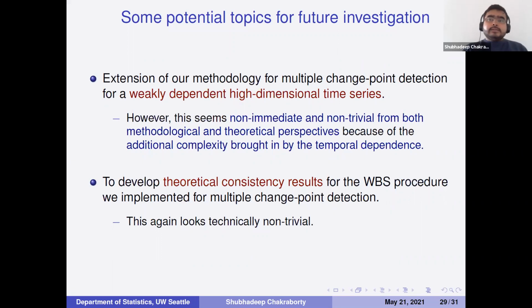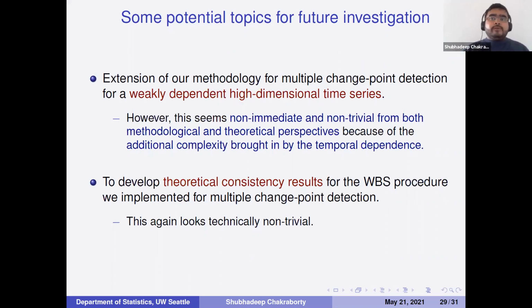And that question still remains. What our generalized energy distance based change point detection methodology is capable of doing is detecting a change in the univariate marginal distributions of the components.